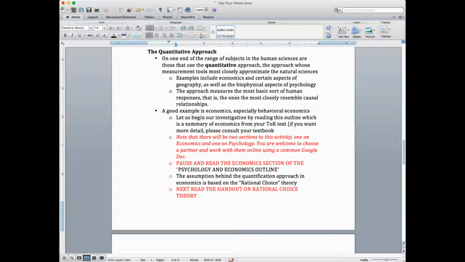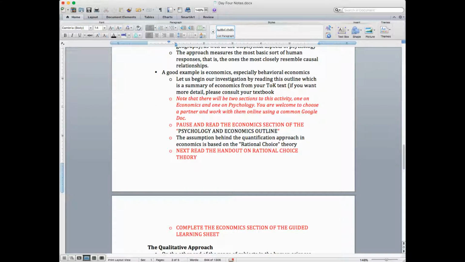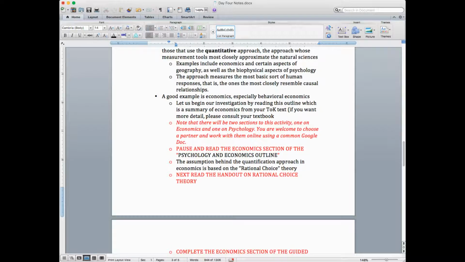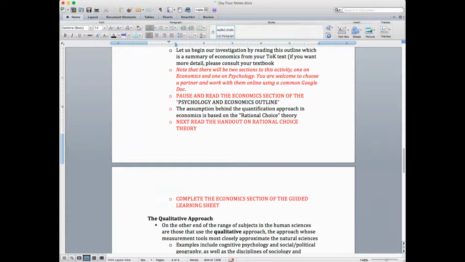So if you're doing the economic section, now I want you to pause and read the handout on rational choice theory. All right, if you finish that, then the next step, we're going to pause again, is for you to complete the economics section of the day 4 guided learning sheet. So we'll pause while you do that.